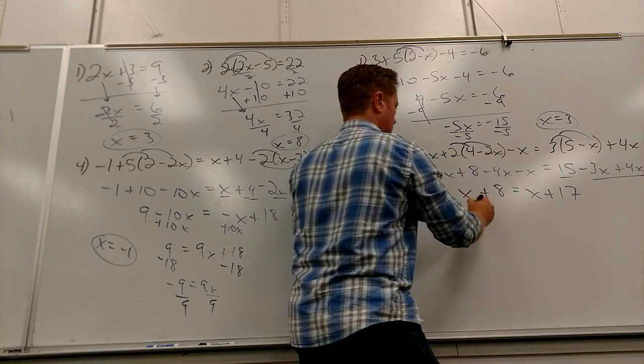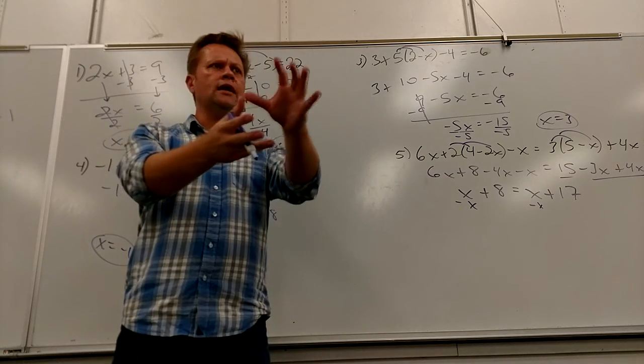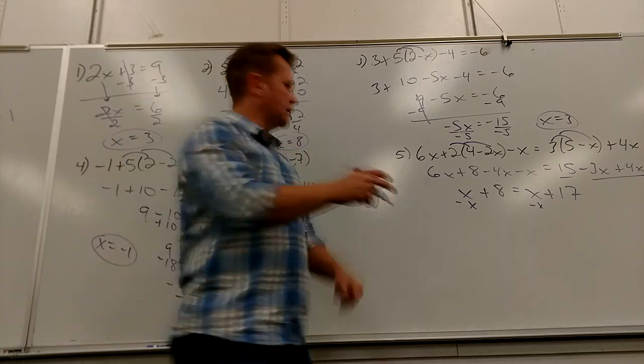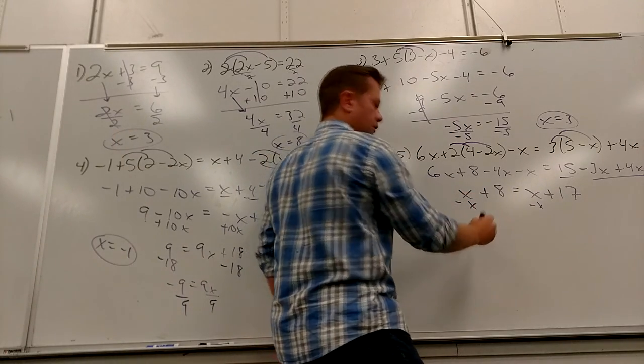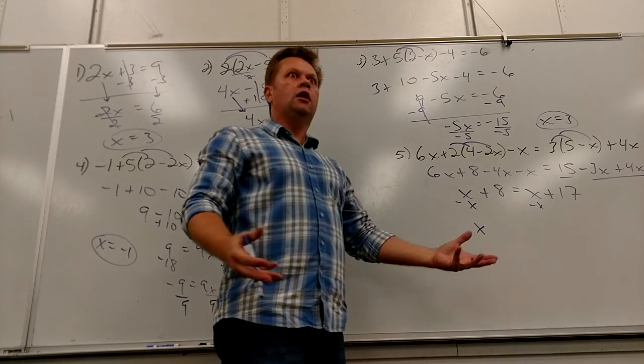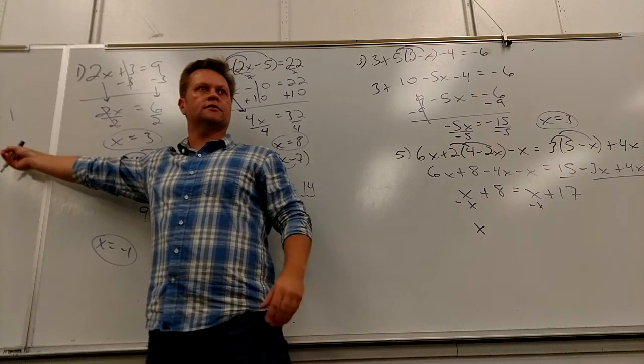So you get your x's together. Don't try to save it. I love the people that are like, no, x, I'll save you. No, the x's are dead. I always have people write this and then they put an x underneath it, because they know otherwise there's no x's. And they're like, but it's algebra, there's got to be an x. No, it doesn't got to be an x.